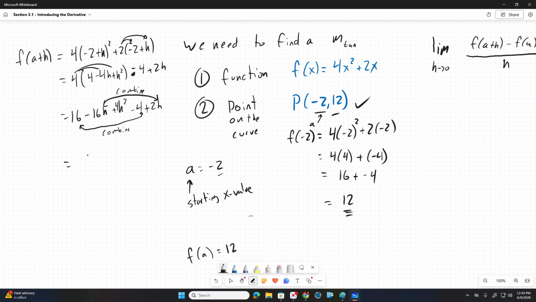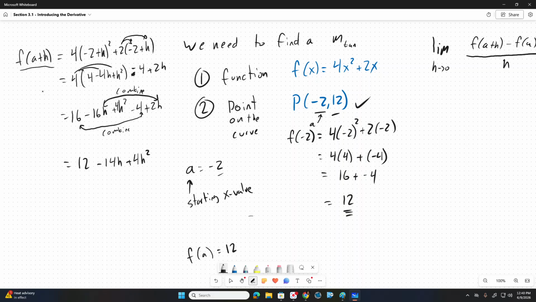And we can write this as 12 minus 14h plus 4h squared. That is our expression for f of a plus h.